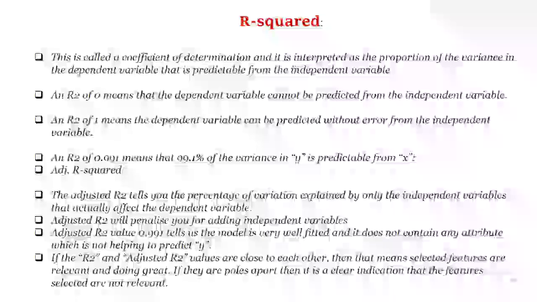If your R square and adjusted R square are coming closer to 1, which is not practically possible, but just assume it is coming closer to 1, it means the independent variables you have selected for predictions are much better. This means your selection of variables is in the right direction.